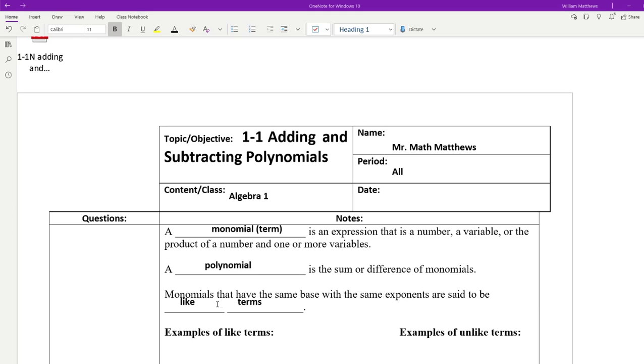And the last one is monomials that have the same base. When they say base, they are referring to the number that is multiplied, the value that is multiplied, with the same exponent are said to be like terms.